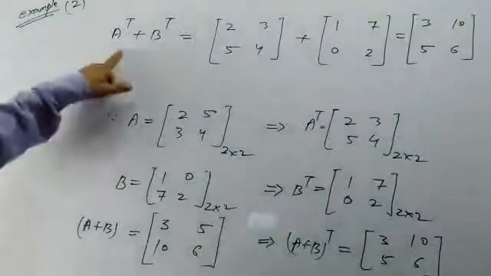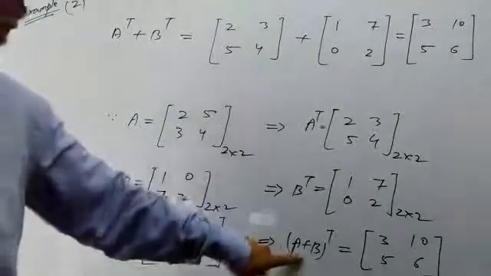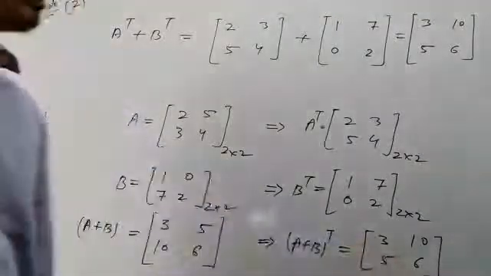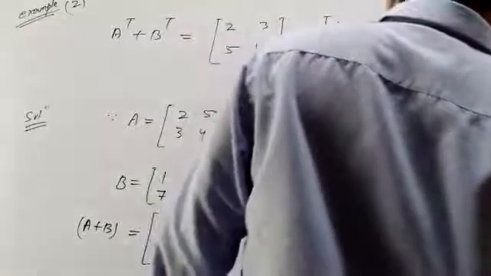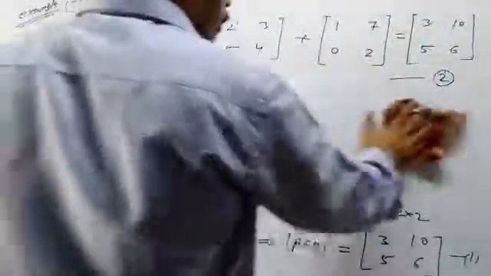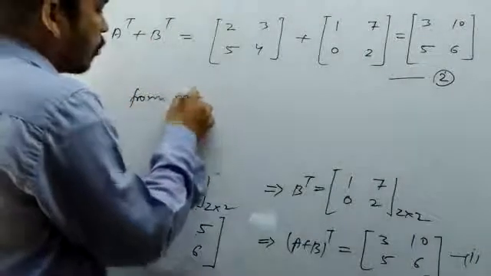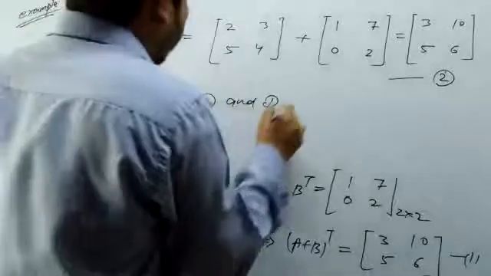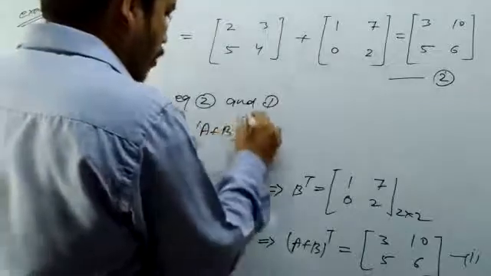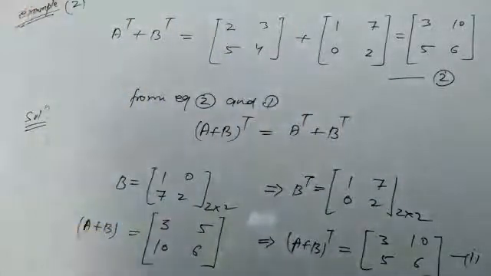So A^T plus B^T is [3, 10; 5, 6], and (A + B)^T is [3, 10; 5, 6]. So from equation 2 and 1, hence proved.